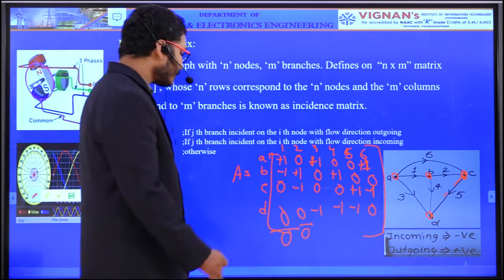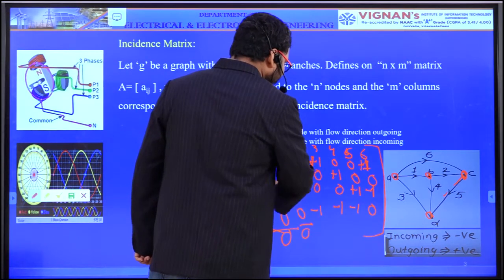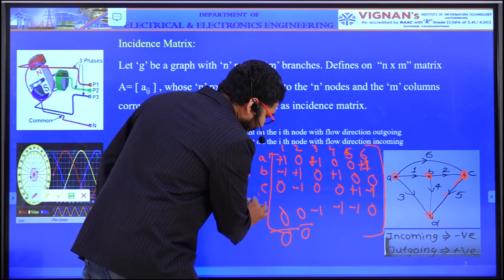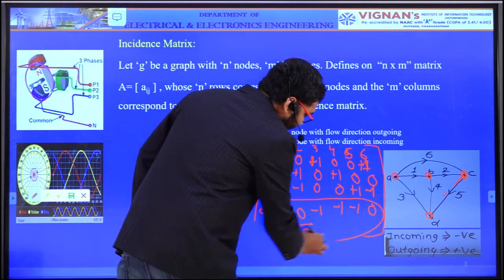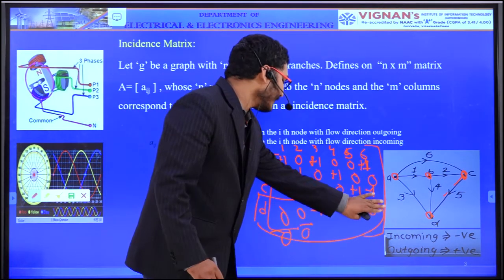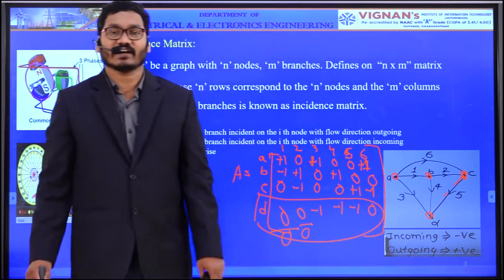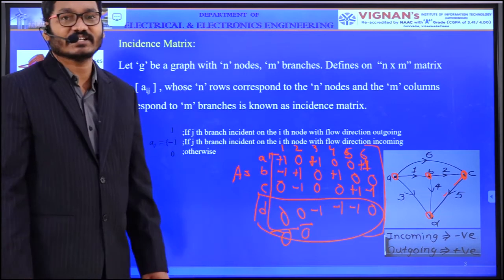Suppose any one row you eliminate, say I am eliminating the dth row, then the matrix is only this one, A B C. This we will call the reduced incident matrix.